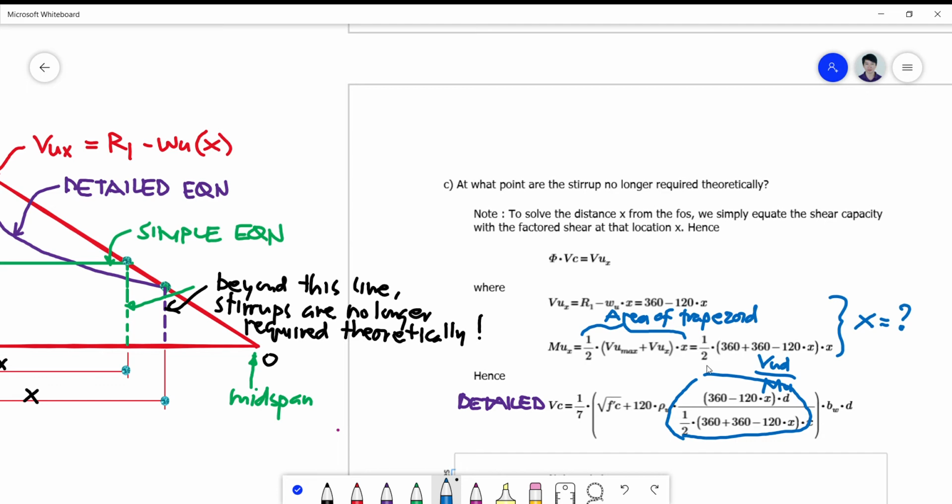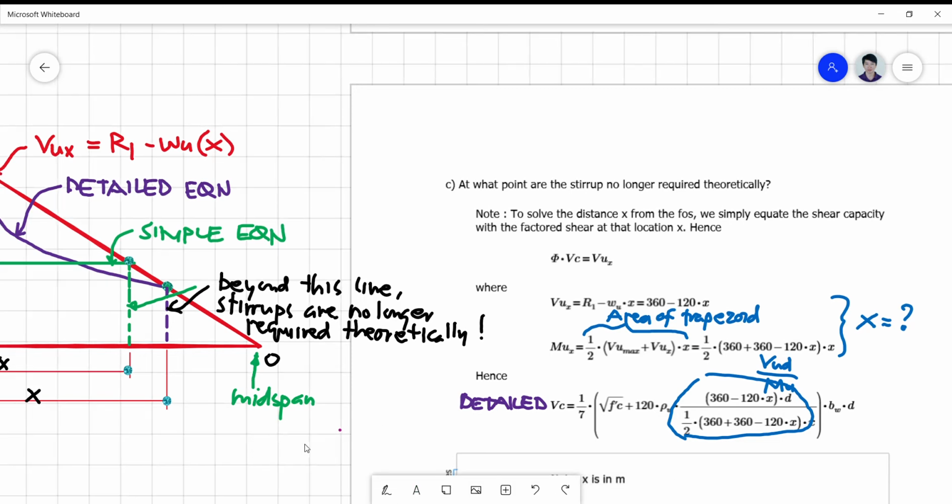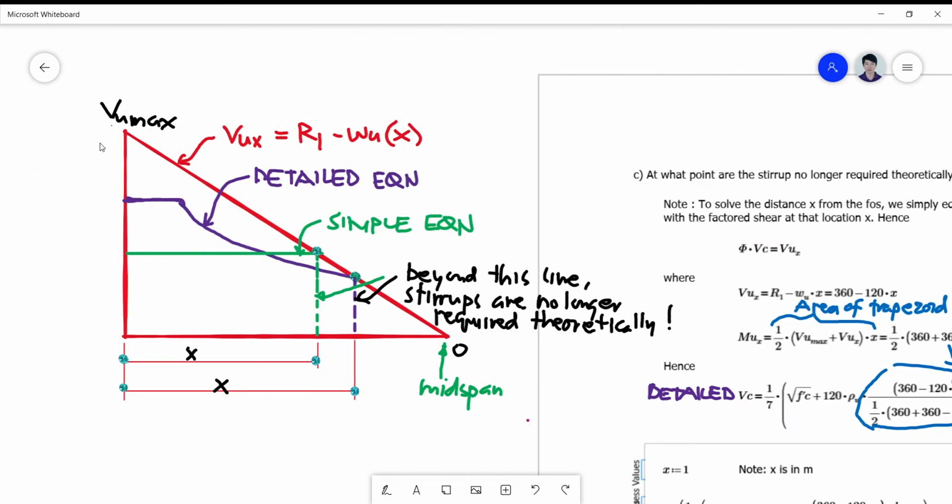This is one half of your VU maximum, which is simply the reaction R1, plus the value of the shear computed from this equation at an unknown distance of x.